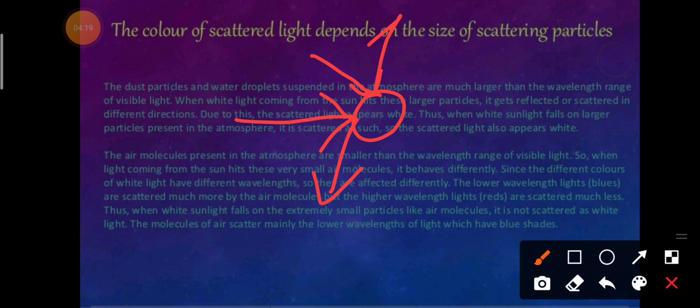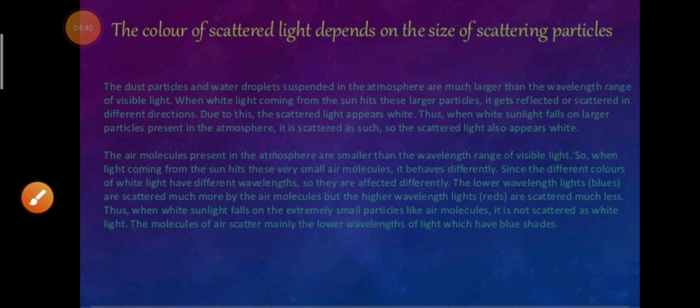You will see this particle as white. So Rayleigh's criteria is not valid for this kind of particle. Rayleigh's formula is only valid for particles which have a size less than the wavelength of visible light.